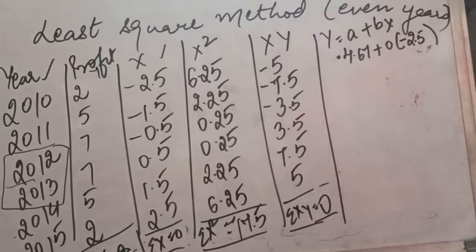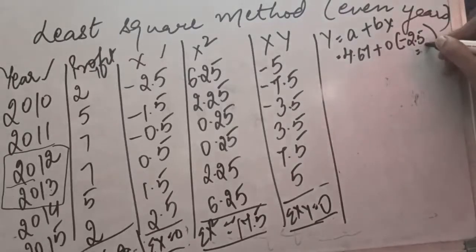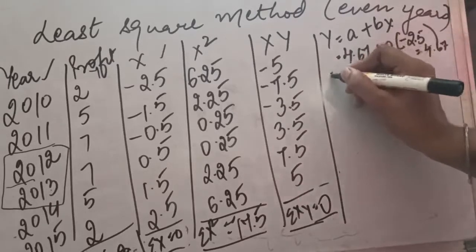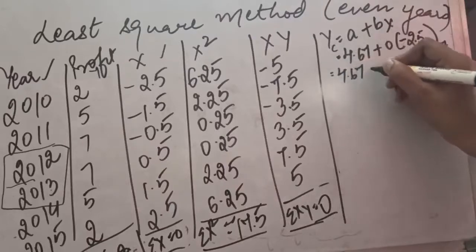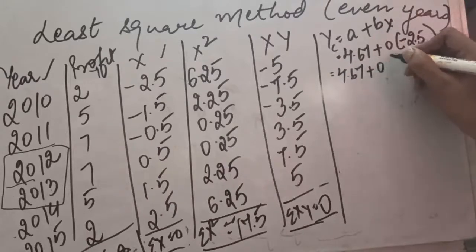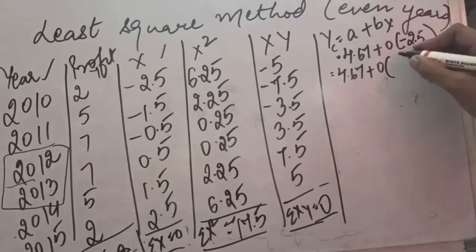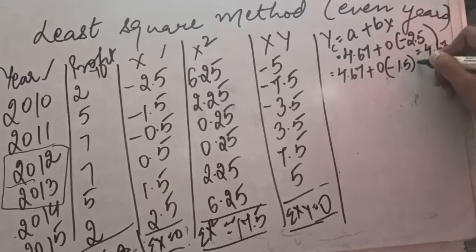So from here the first value comes out to be 4.67. For the second year, a is going to be the same, b will always be 0. So here next we will fill minus 1.5, again it is going to give you the same value.